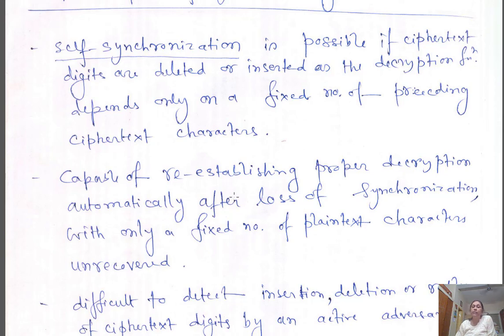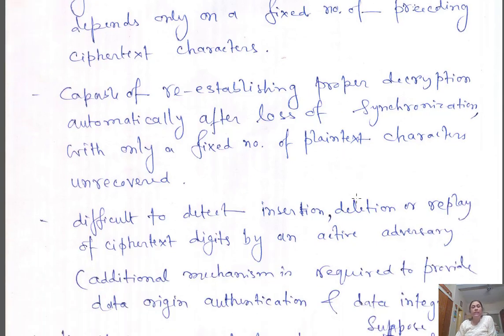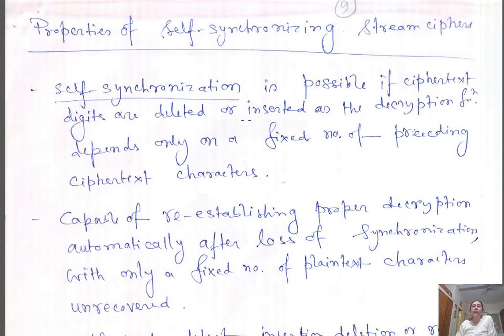But after that, synchronization is automatically re-established and you keep getting the correct plain text while decrypting. These are advantages. If synchronization is lost, it can re-establish it. This is a good thing.